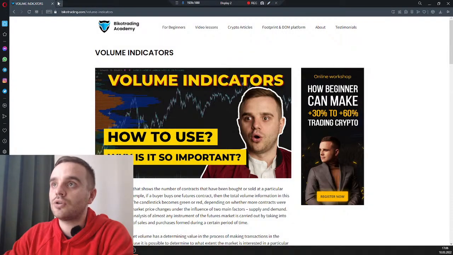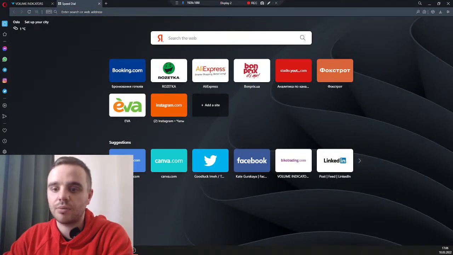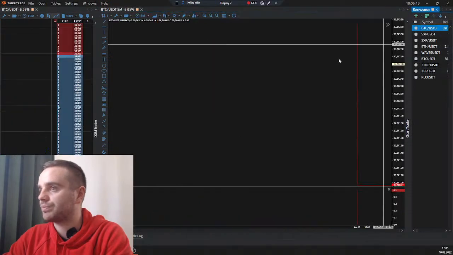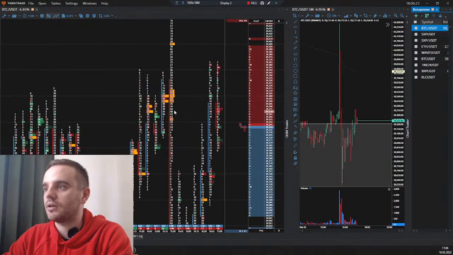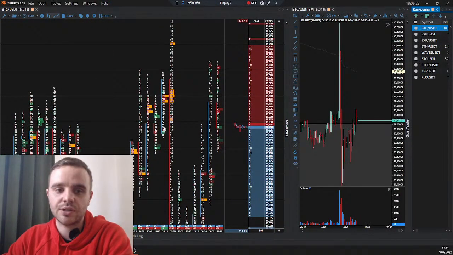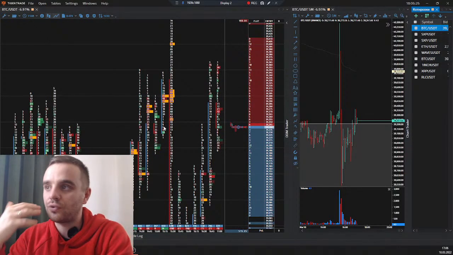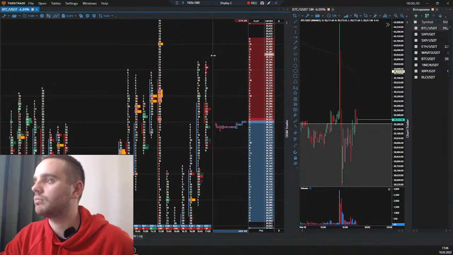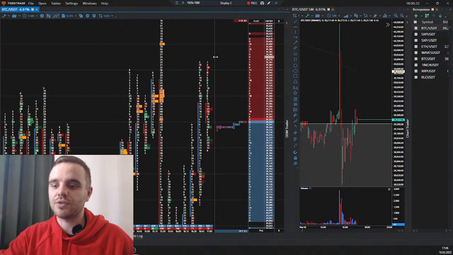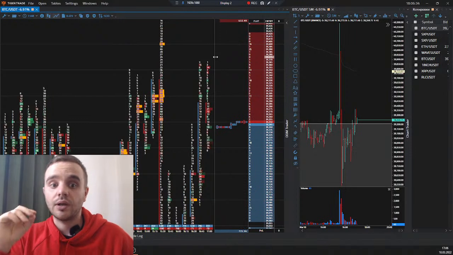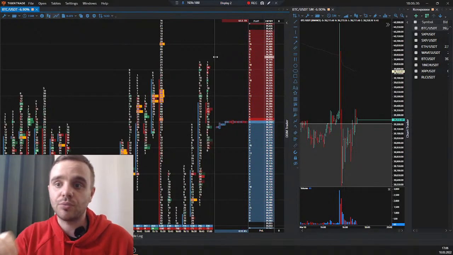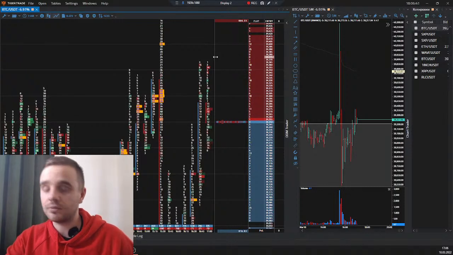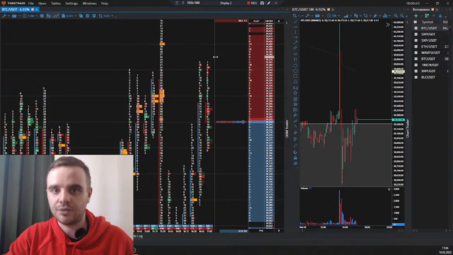Because, as you know, price moves because of transactions, real transactions, going on in the order book. Price moves because of real money. Price does not move just because there is some news and because of that news people made a trade. The real reason price moves is that people put money into trading.